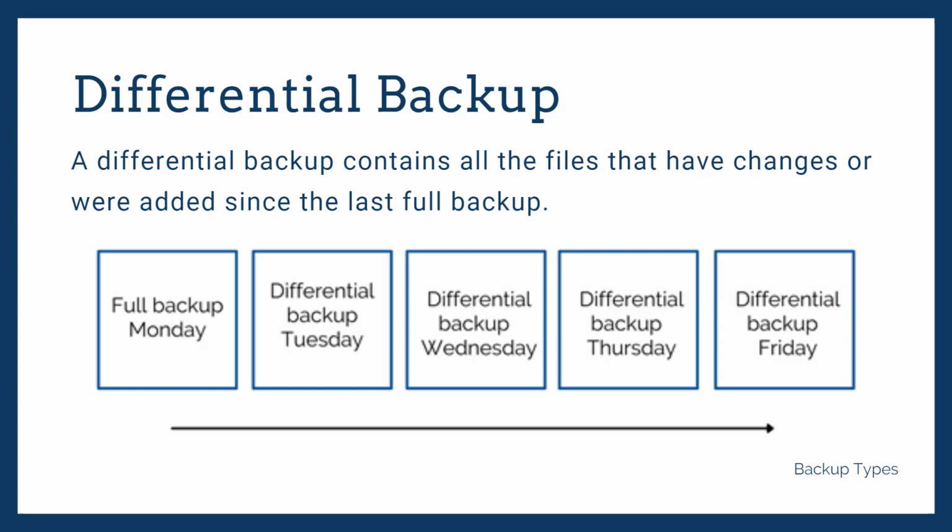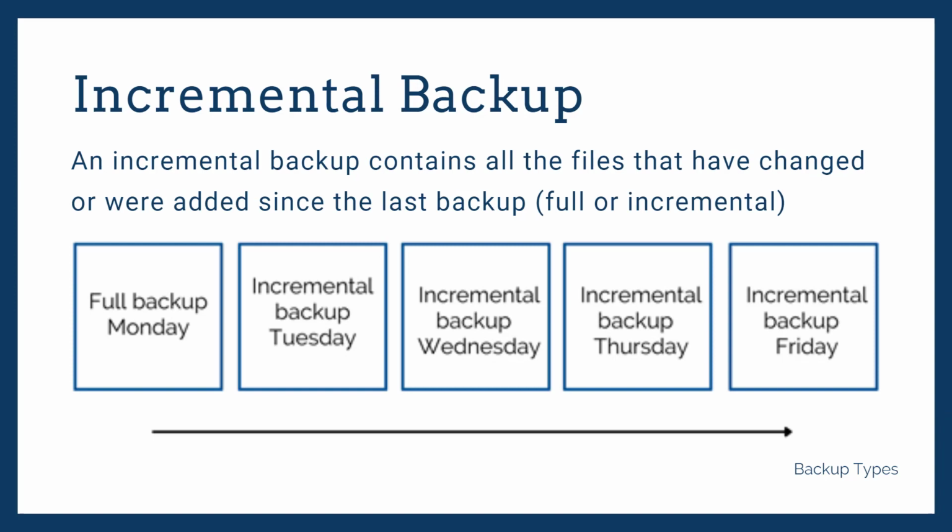Whereas if you look at an incremental backup, let's say I wanted to restore from Friday's backup, then what would I have to do? Well, not you, but the software would have to first restore the full backup. Then it has to restore the changes between Monday and Tuesday. So it has to restore Tuesday's incremental backup.